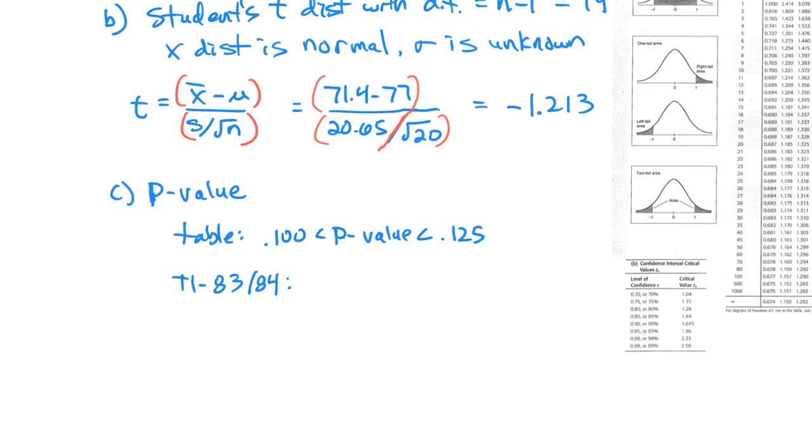So on the calculator, to get there, you go to the same place you would for normal CDF. You go to the distribution menu. So we hit second, and then you hit vars, right? Second vars, which gets you the distribution menu.